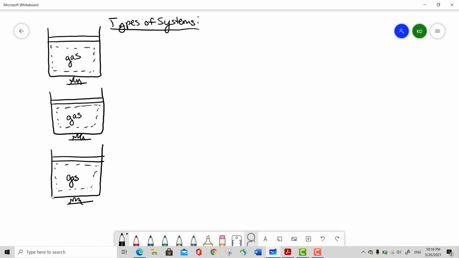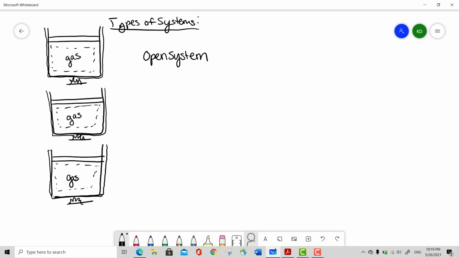Okay, so you've got what is called an open system. And this is when mass, let's draw the boundary so you guys can see. Well, it's supposed to be a boundary, guys.